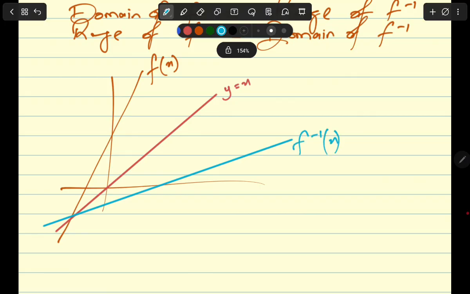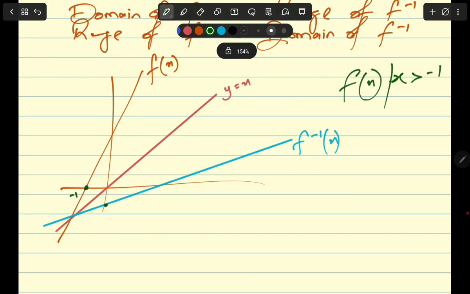Now, let's say we were talking about this domain. Let's say we were just talking about f of x being a function, and we were talking about the domain x greater than -1. Let's say this is -1, right?